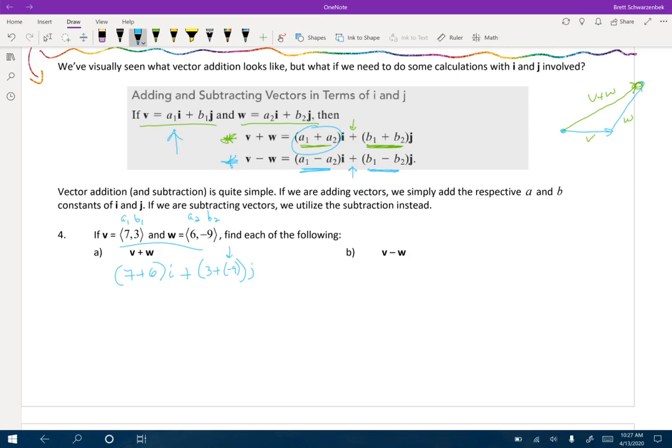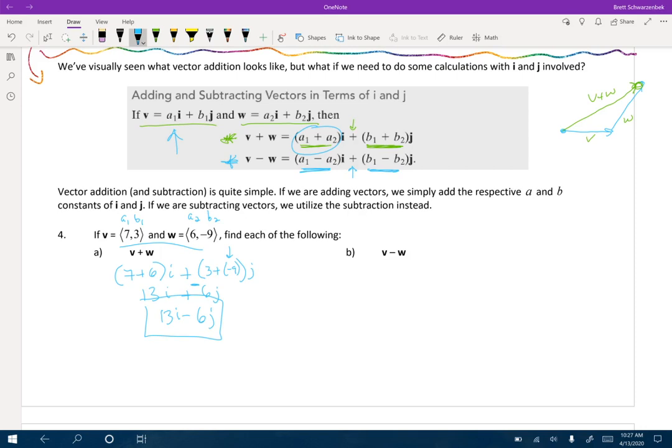So if we add them, we get 13i plus, it looks like negative 6j. So if it's a negative 6j, we can immediately change that to 13i minus 6j. You could have even done that in the beginning. So that means this is the vector as a result of addition. So v plus w would be 13i minus 6j.